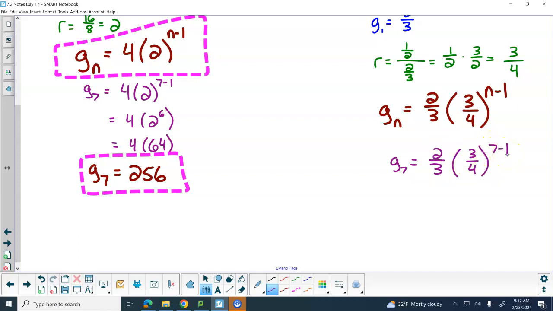Seven minus 1 is 6. Ooh, now, how do I take a fraction to a power? Fraction to a power. What do you got?